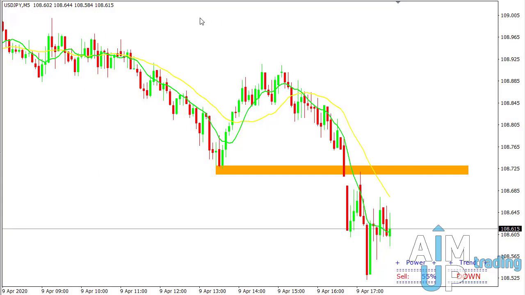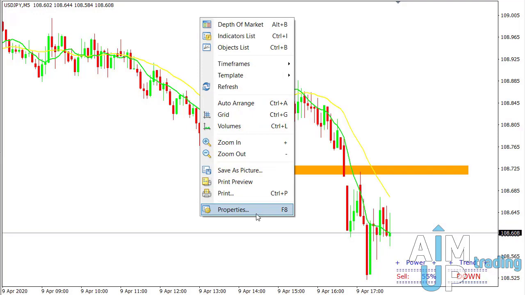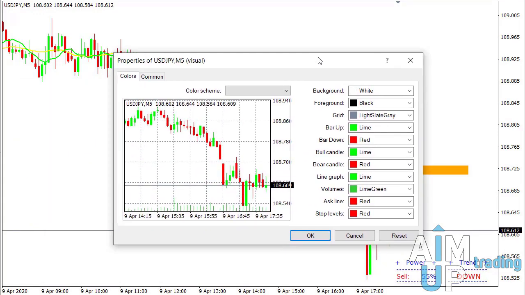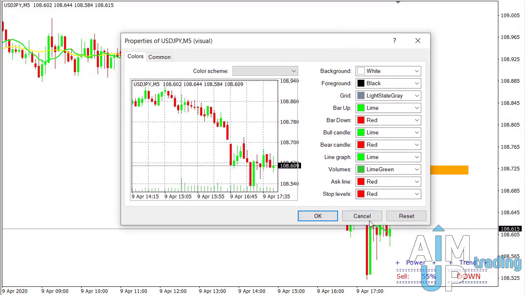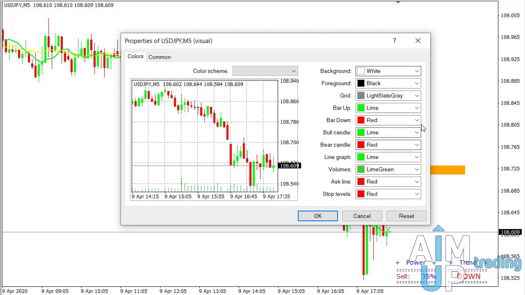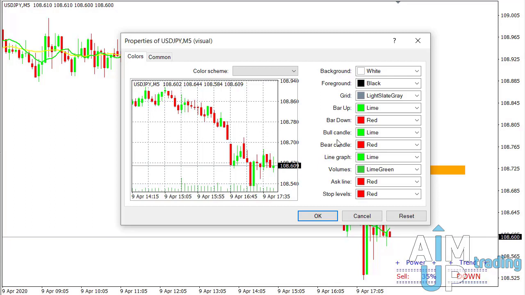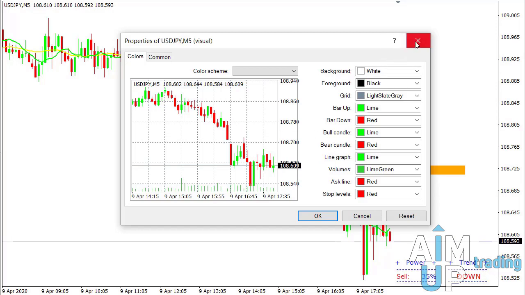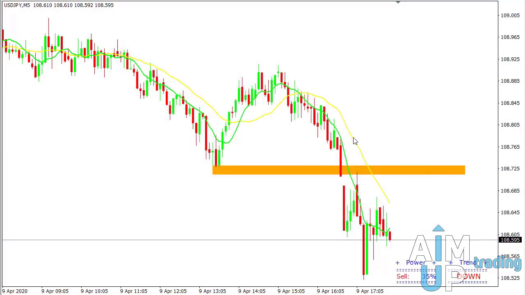And I want to show you something that is not really related to opening orders and stuff, but in case you want to change the candles, or you just didn't like the colors, or for some reason you want to change something. This is most likely for people that are really new to trading, but you can do that by pressing the right button and going to properties, and you can change everything.